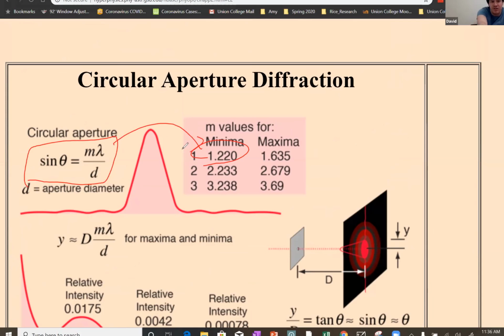Okay, what about this, y equals capital D? So this is using the small angle approximation and the tangent theta like we did in problem 2.